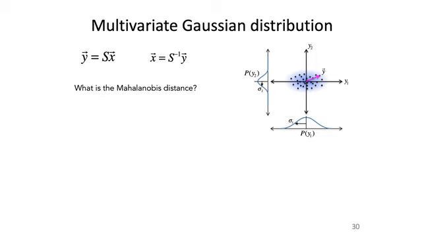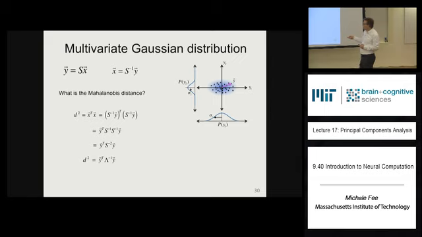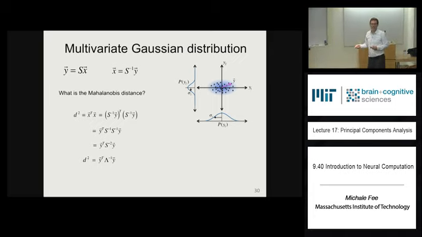So x equals S inverse y. The Mahalanobis distance is given by x transpose x, which we can just write down here. Let's do that with this substitution. And we get an S inverse squared here, which we're just going to write as lambda inverse. Okay?